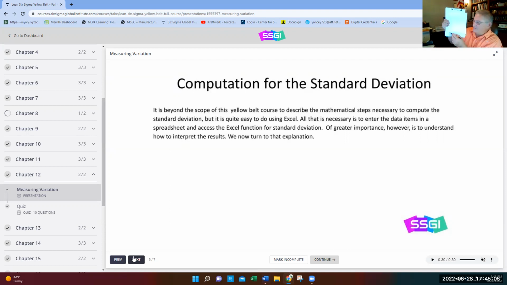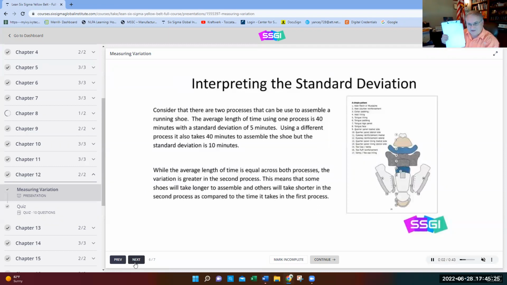So what we're doing with the quality control in Six Sigma is we're trying to control this variation by recognizing that there is one and how bad it is, and then starting to work on ways to take it away or control it. And so this one talks about 2 different processes for putting the shoes together.